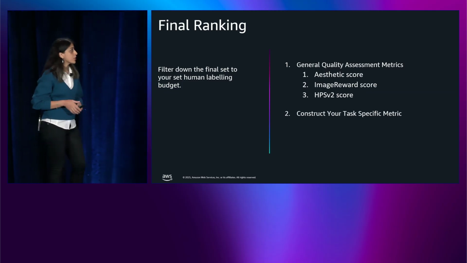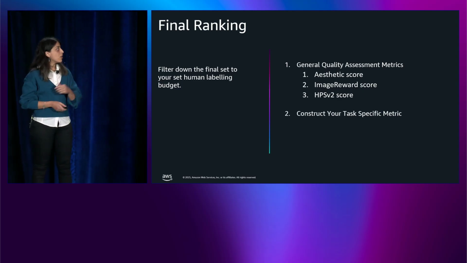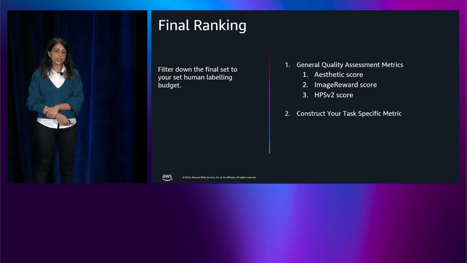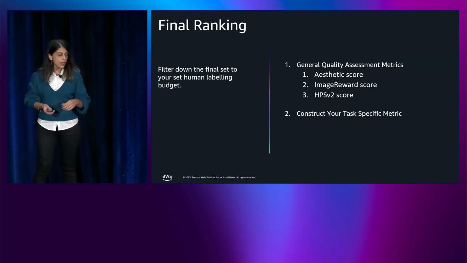You can also construct your task-specific metric. Now, image reward and HPS v2 are lightweight models that are trained based on human feedback. So they're more aligned with what we perceive as aesthetic quality.